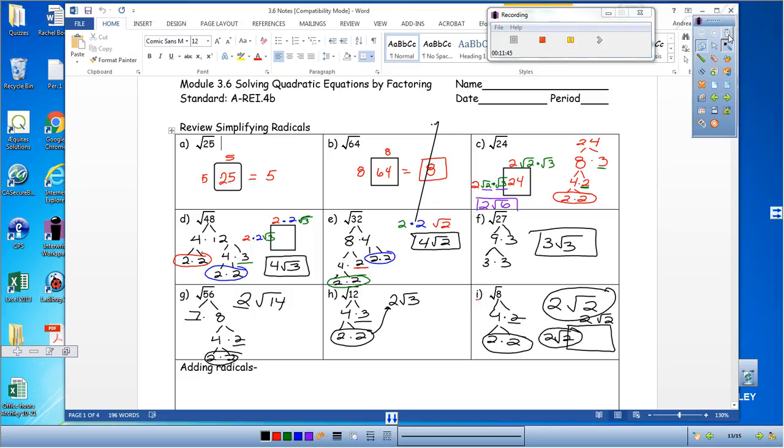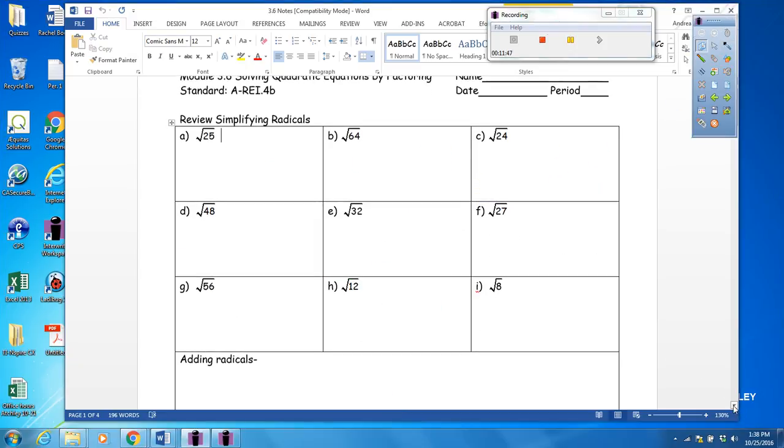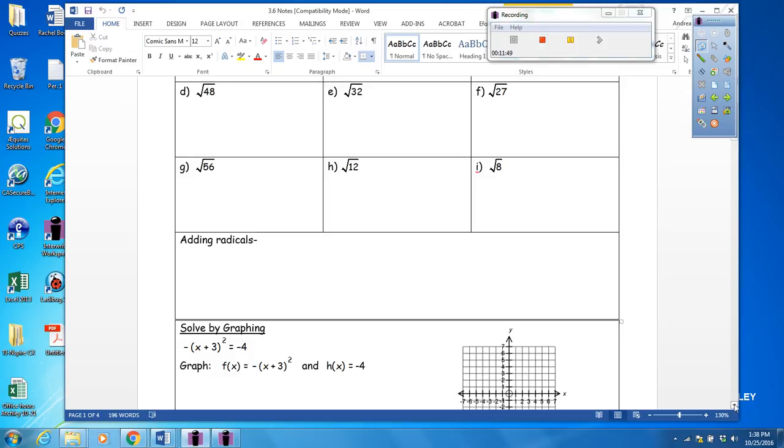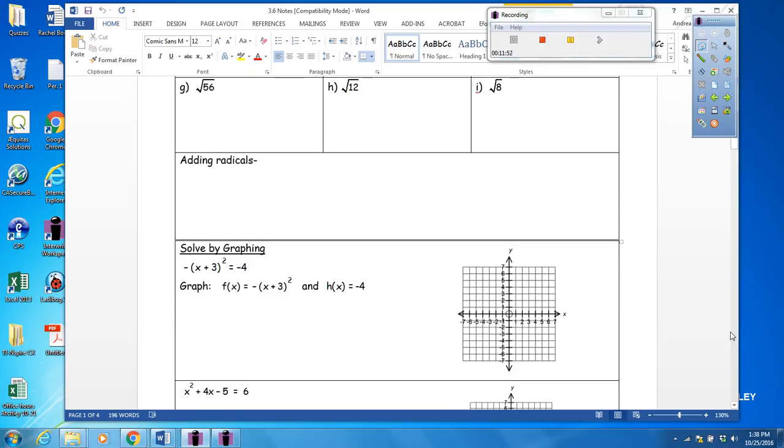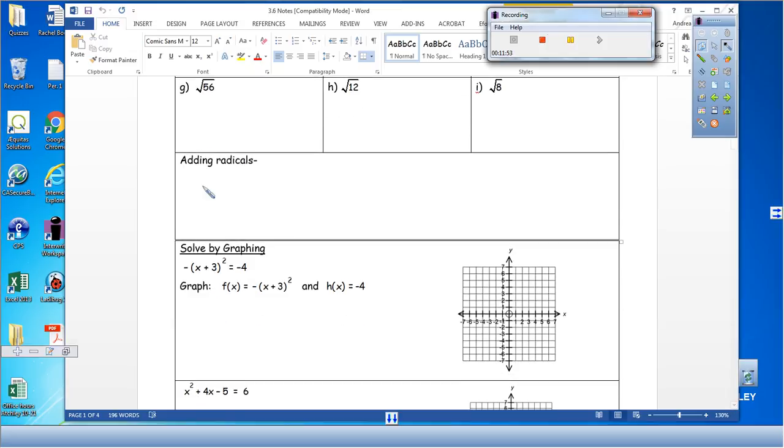Okay, now we just have to review adding radicals. To add radicals, they need to be like terms.